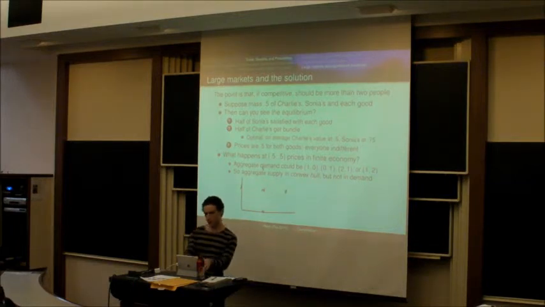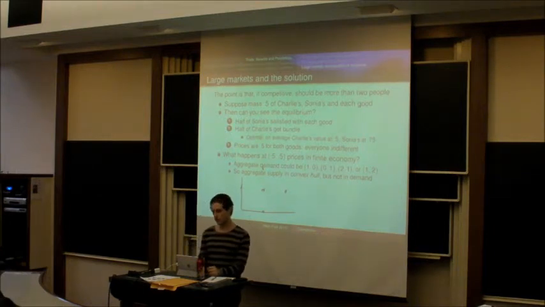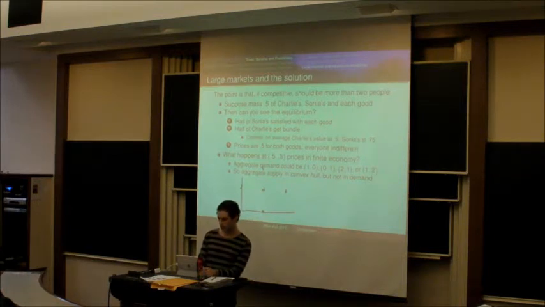So there's a bunch of demand points surrounding the equilibrium, but none of them are actually at the equilibrium. This is what we call the aggregate supply being in the convex hull of aggregate demand. That means there are two different points in aggregate demand which are on either side of the quantity that's available in the market.